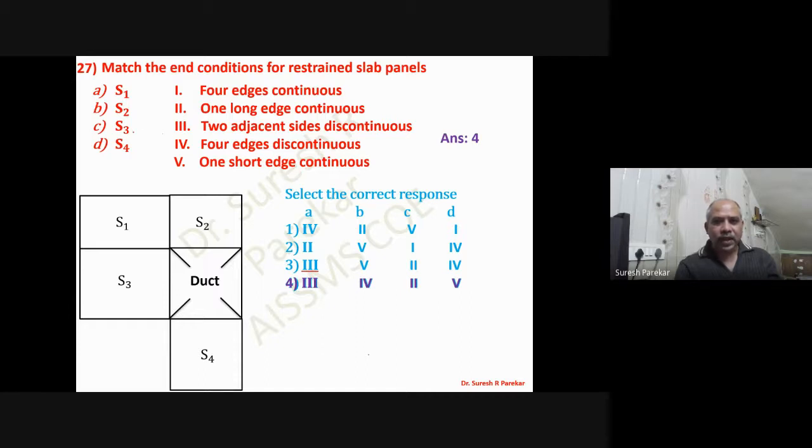Then S3 we have one long edge, so second, and then we have S4. So S4 we have all edges discontinuous. So 4 edges discontinuous. So option is 4. Actually we have option 3. So this is the answer and not 4. So we have answer 3 over here. So answer is 3.